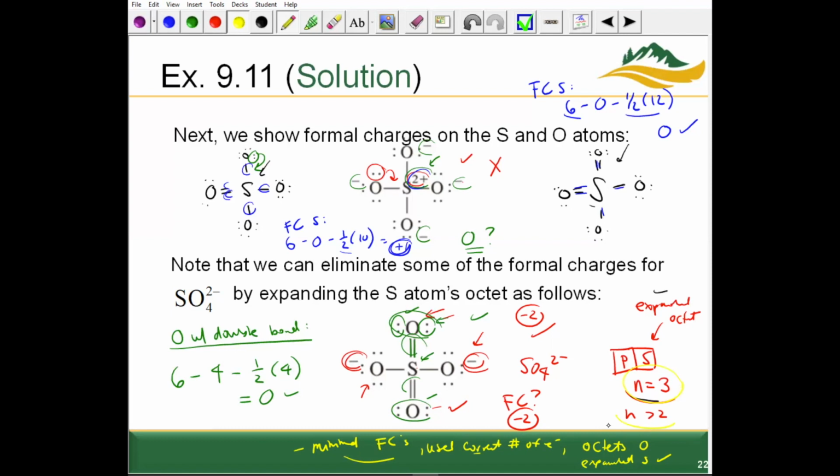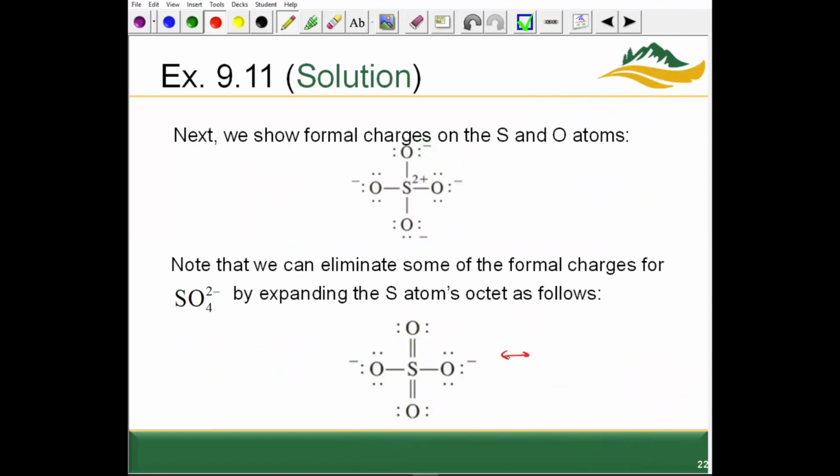So for n greater than 2, yes, it goes into n equal 3. Sulfur can have an expanded octet, so this is okay. And so to clear this out now, to show it a little bit clearer, this is in possible resonance in how I drew double bonds going in this direction too.